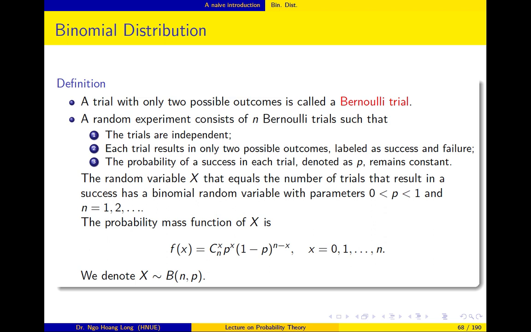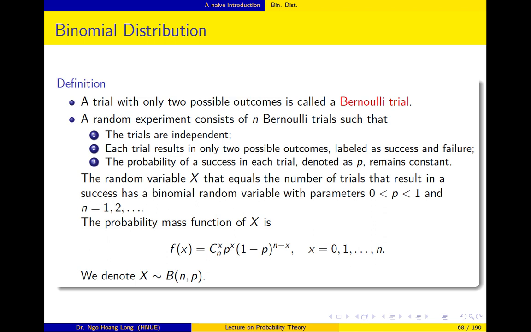And to make it simple, we suppose that one outcome is success and the other is failure. A random experiment consists of n binary trials such that, first, the trials are independent. Second, a trial results in only 2 possible outcomes, labeled as success and failure.